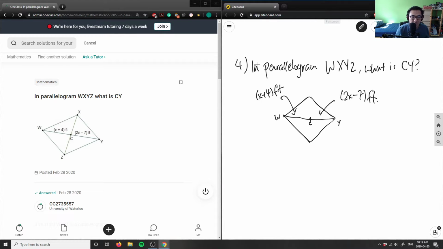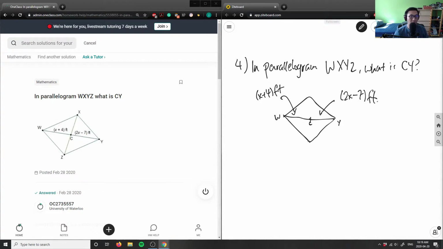Take a moment to think about this question. In the parallelogram WXYZ, what is CY? How would you determine what CY would be? Remember, you have to think about what defines a parallelogram in terms of lengths and angles.